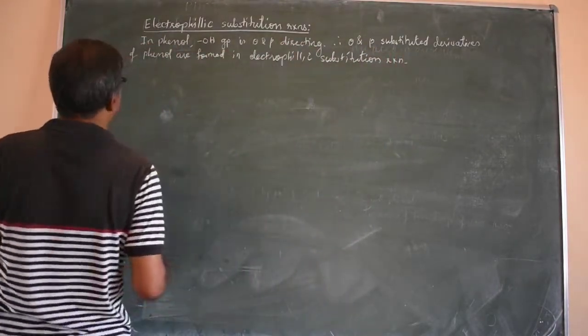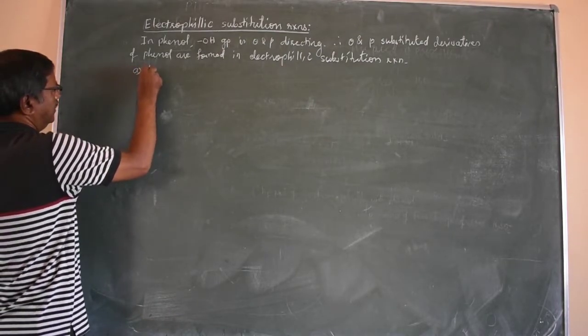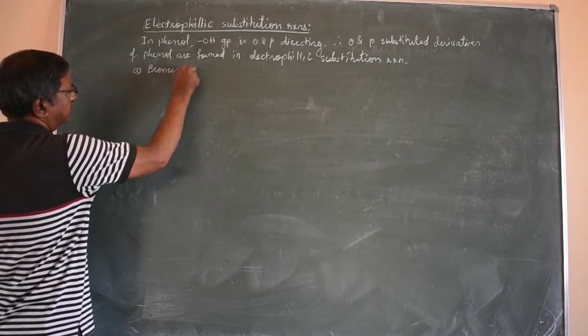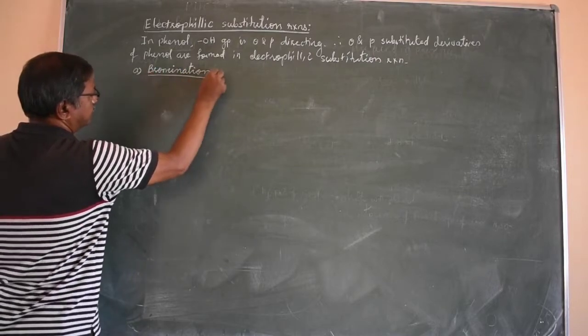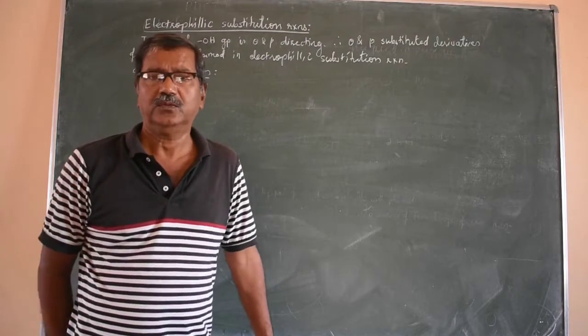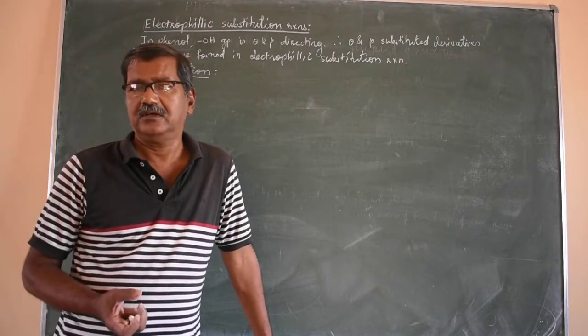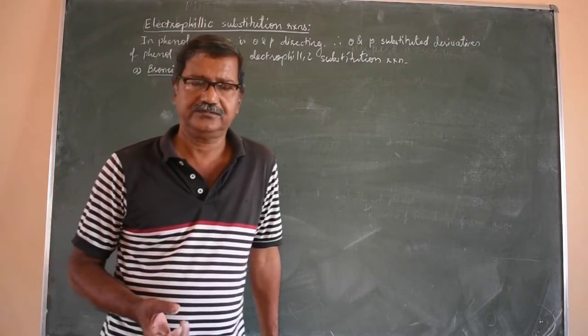So, examples. Bromination. In bromination we have two reactions. One is by using aqueous bromine and the second one is by using carbon disulfide.